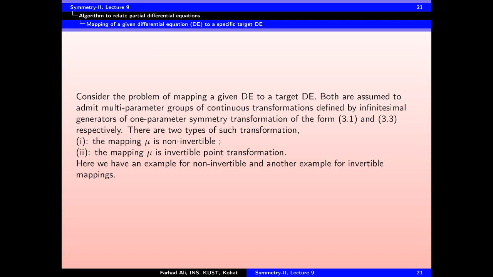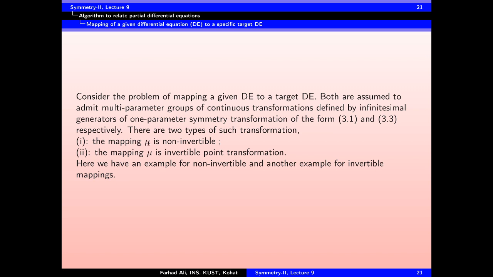Now, there are two types of mapping. One is the non-invertible mapping, and the second is the invertible mapping. So where is the mapping non-invertible and where is it invertible? This is a question.